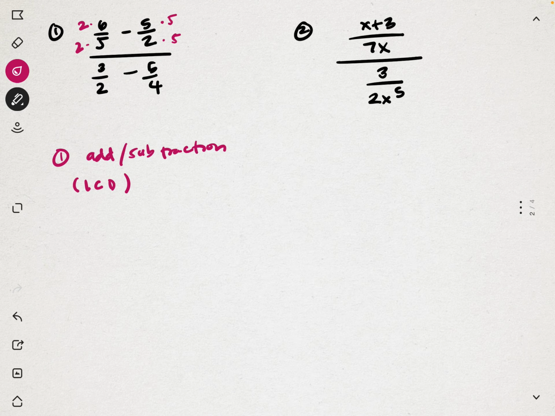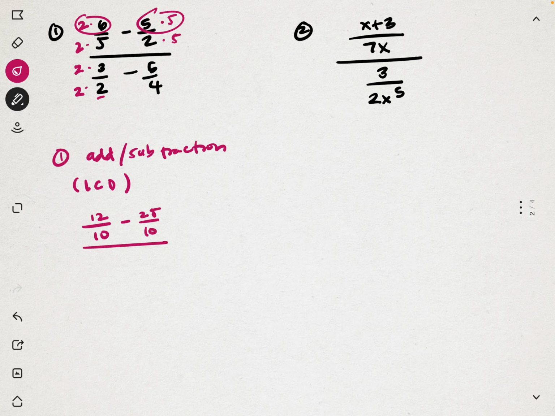Then for the second one, notice that we can multiply by 2 to get 4, so we don't have to touch the second part, we just have to multiply the first one by 2. Alright, so what it's going to look like is 2 times 6 is 12 over 10, minus 5 times 5 is 25 over 10.